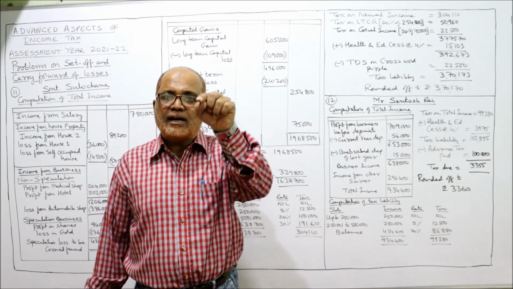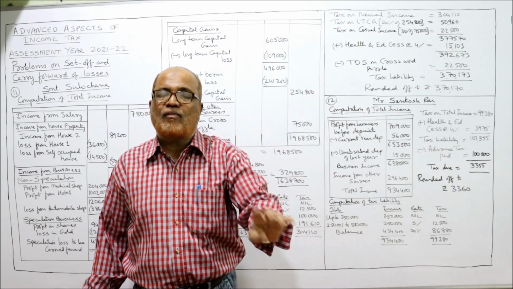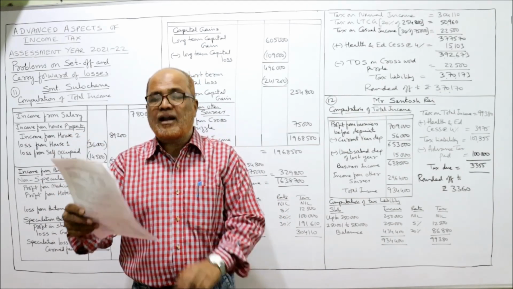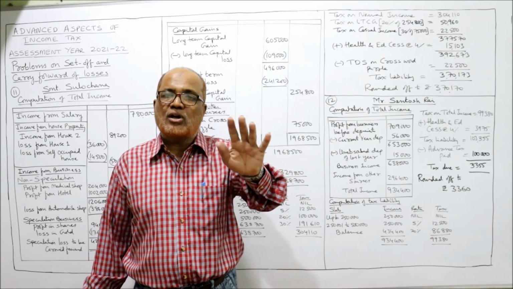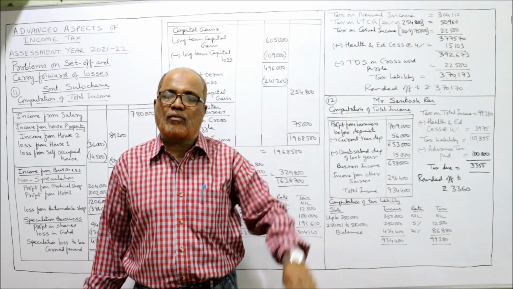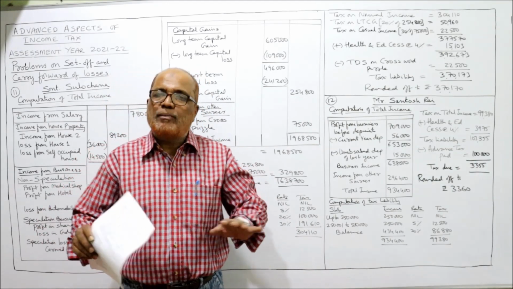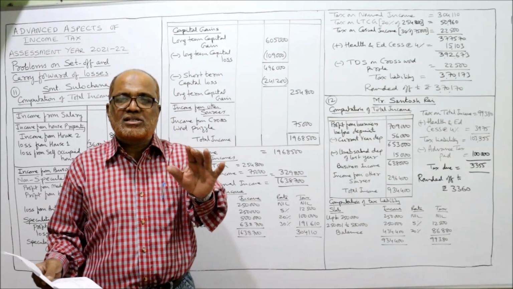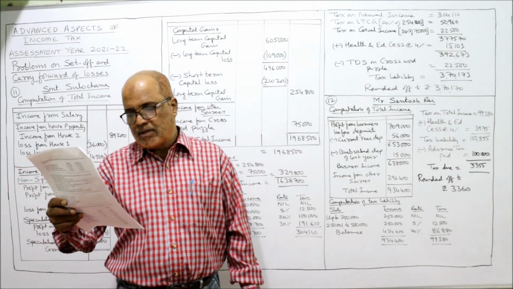Then current year long-term capital losses cannot be set off from any other income. It should be carried forward. Simply give a note that long-term capital losses cannot be set off during the current year. It can be carried forward to the next year, and next year also it can be deducted only from long-term capital gain.